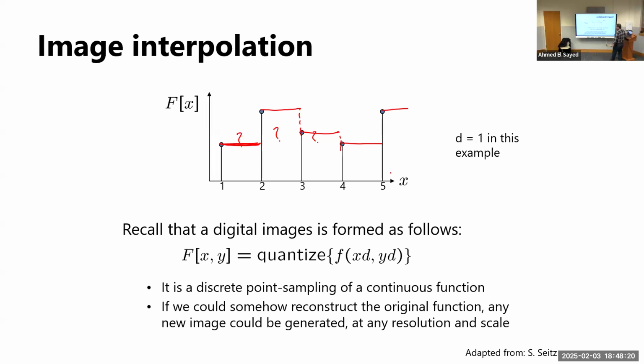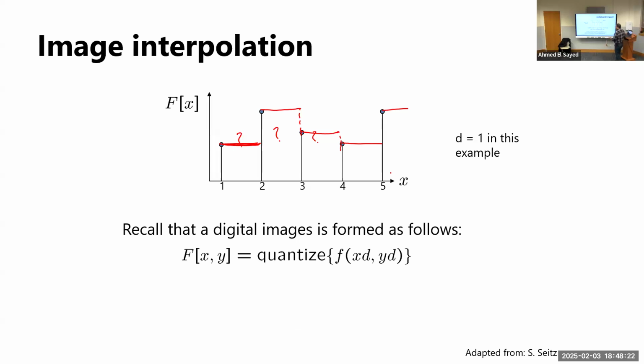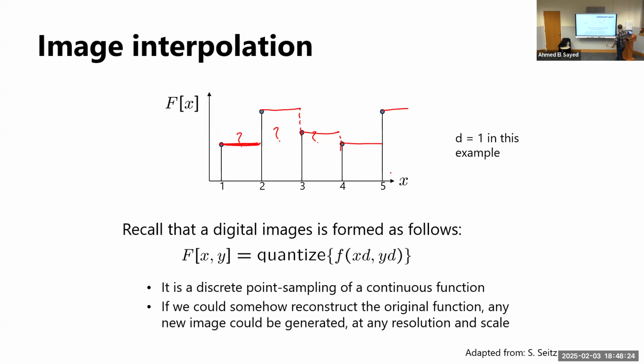Now, can we improve the quality of this a little bit? They said yes. To understand this, let's go to the original problem. Assume that we have this original function and we are sampling it.